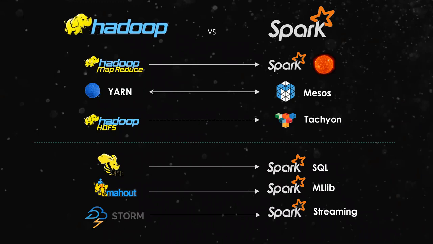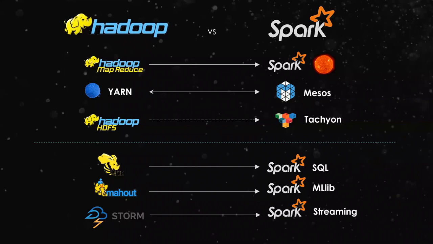And for machine learning, there is an engine called Mahout on top of Hadoop. This can be replaced by Spark MLlib. And there is something called Storm, Apache Storm, right? That is for real-time data processing. This can be replaced by Spark streaming. So what we see here is that in the Hadoop world, you are having three engines for three separate tasks.